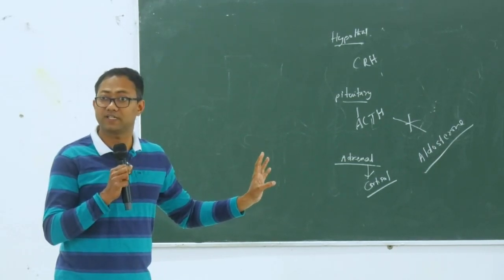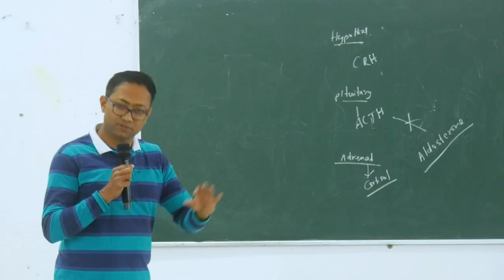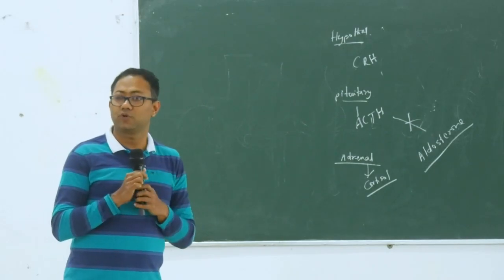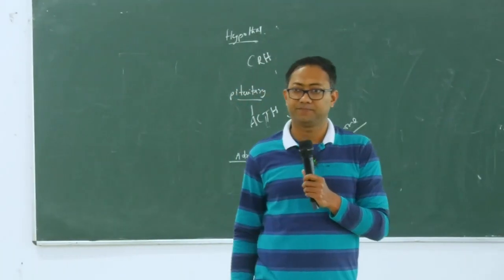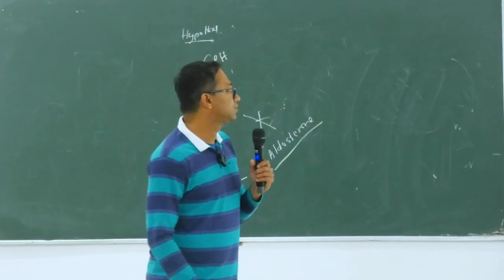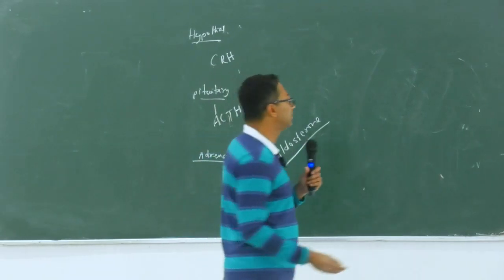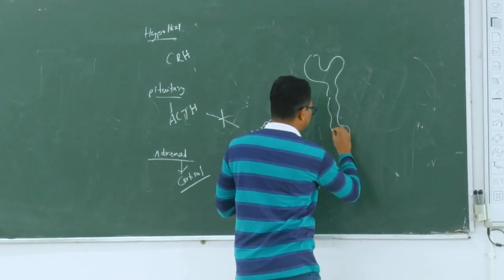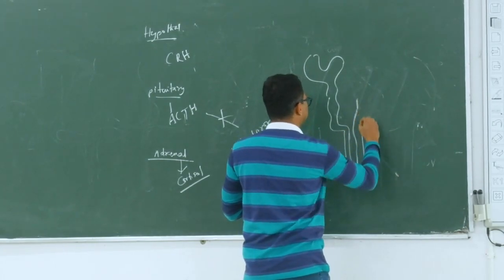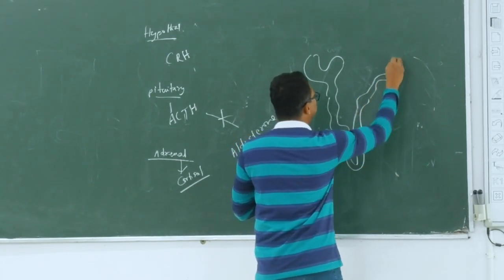So, the patient is not getting hypertension, because the function of aldosterone is sodium and water retention from the distal convoluted tubule and collecting duct. Okay. All of you know the nephron, right. So, this is a nephron, the distal convoluted tubule and this collecting duct.